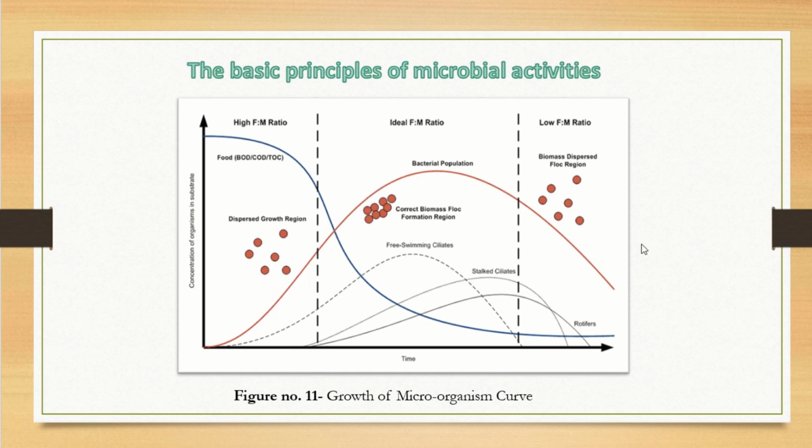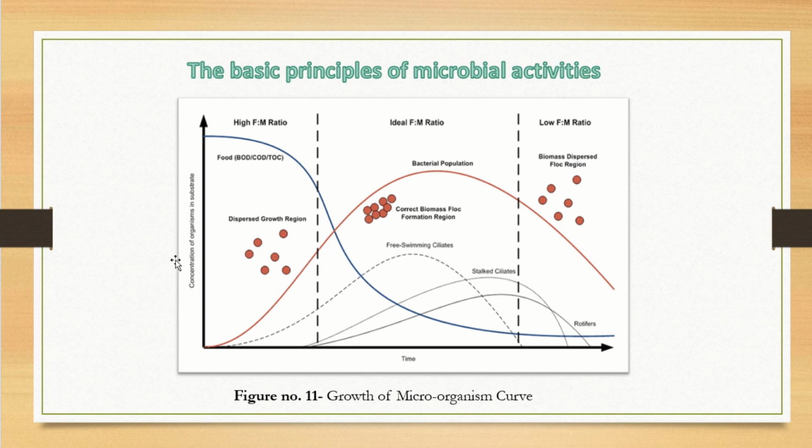We can see this line is the growth of microorganisms, and this one is the food concentration curve. When the number of microorganisms is increasing, after some time the food concentration is easily decreasing.